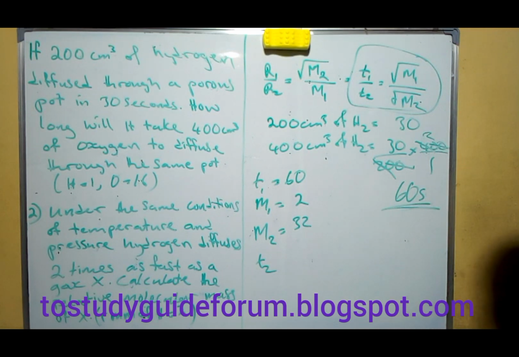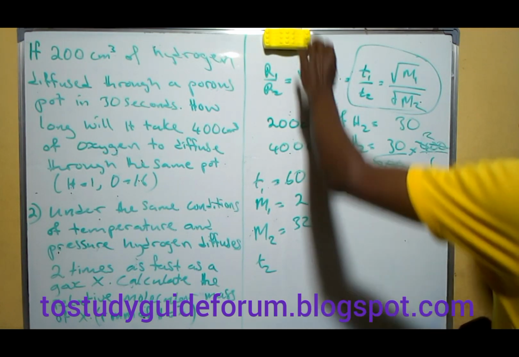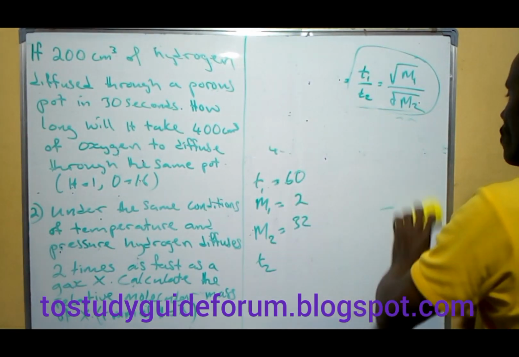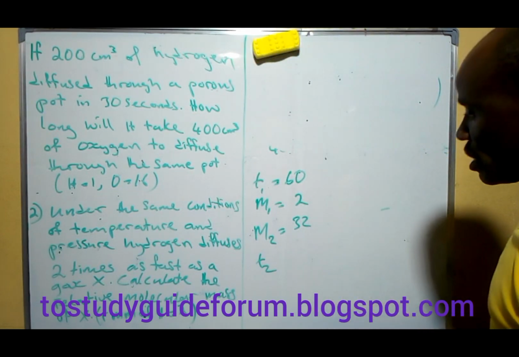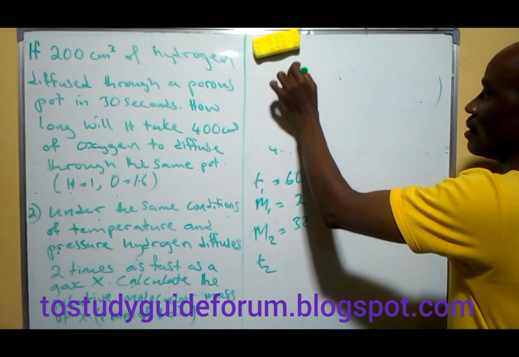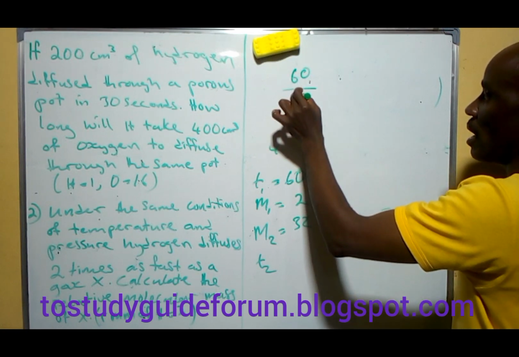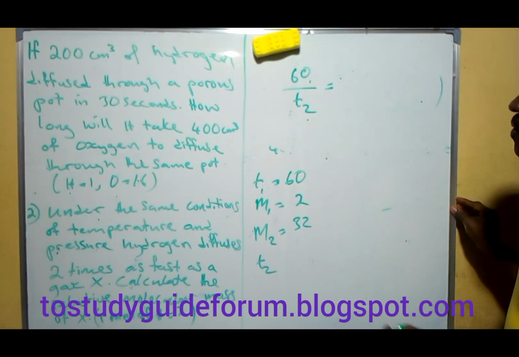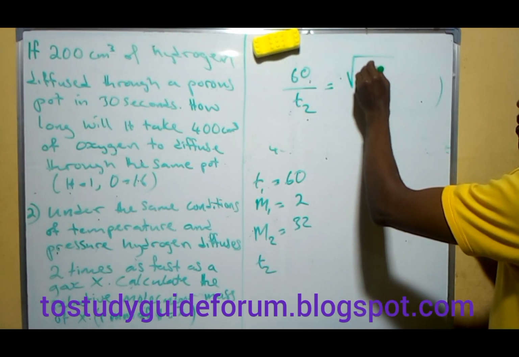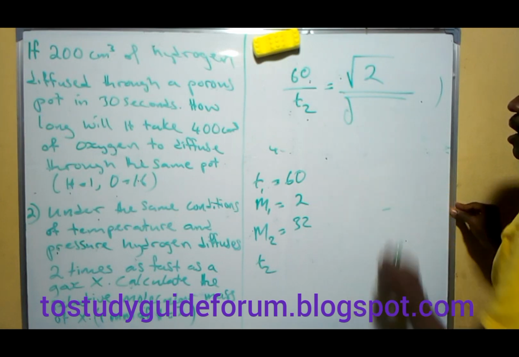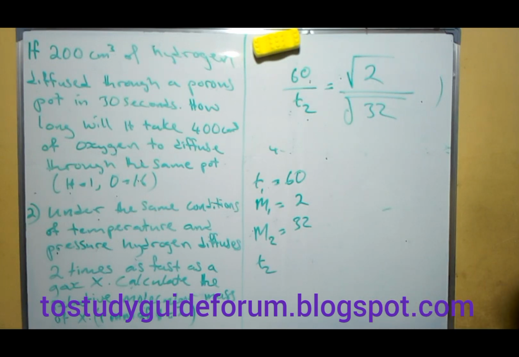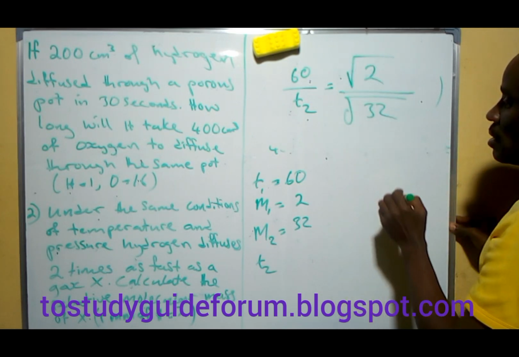So now let's go ahead and do justice to the question. Having the information we need, the next thing we do is to substitute. We have the time for hydrogen, and then oxygen, which we don't know, and again the relative molecular mass of hydrogen over the relative molecular mass of oxygen. So the next thing is to open this square.